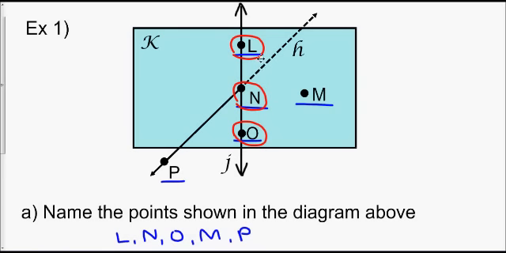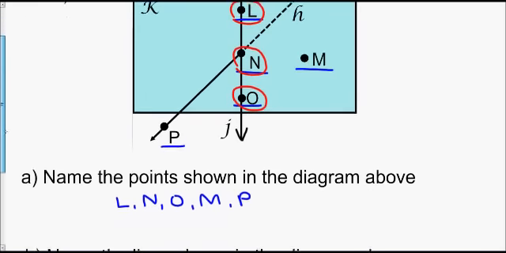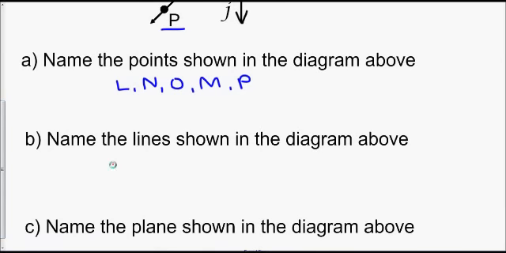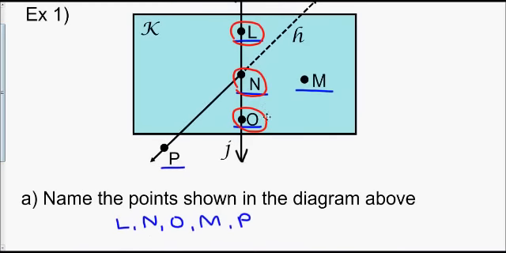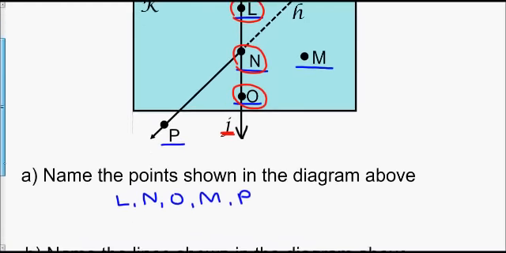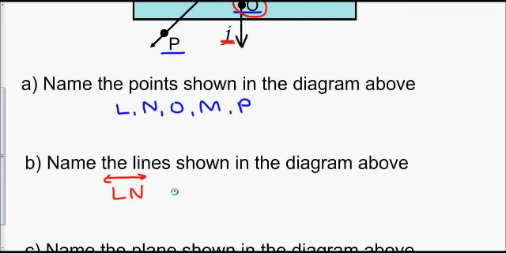LO, OL, NO, or ON. So that is all 6 combinations, but I'm only going to write one of them. So line LN. But we could also name it based on this lowercase letter that is attached to the line. So this could also be line J.